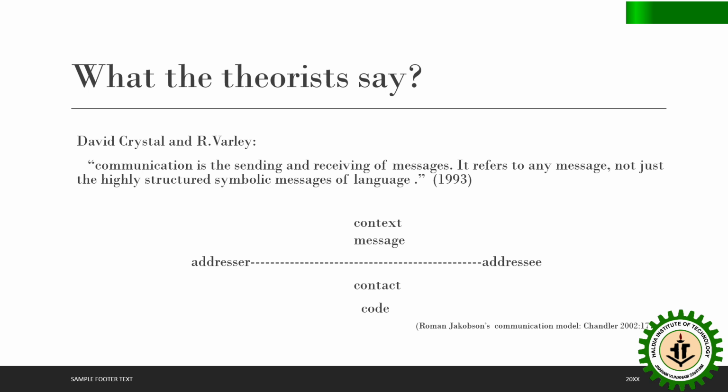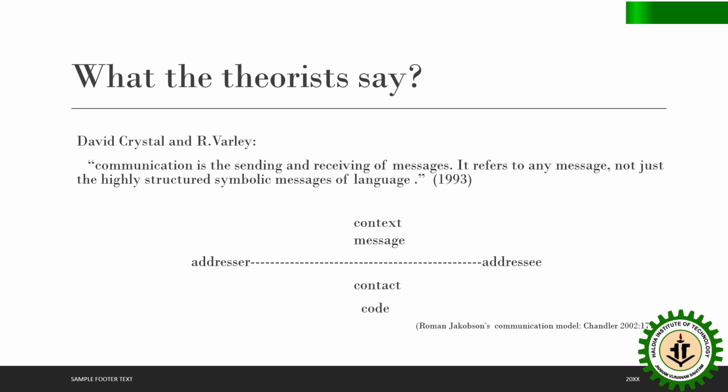So they have given this beautiful diagram made by Roman Jakobson. Now we have the addresser. Addresser is the encoder or the sender of the message. And this person sends the message keeping in mind the situation in which the message is being sent.